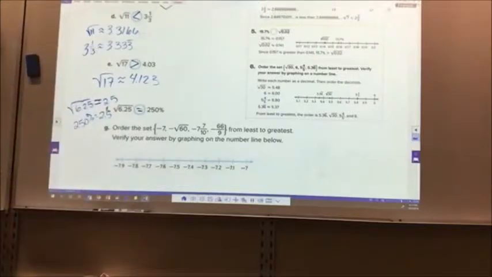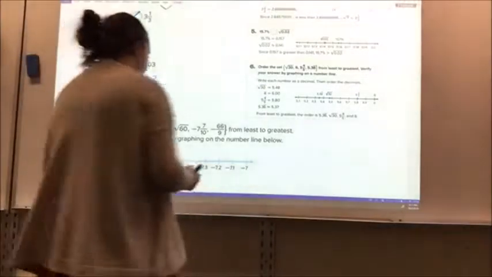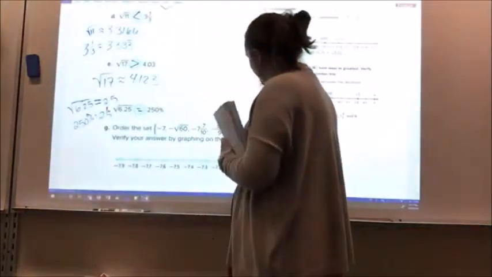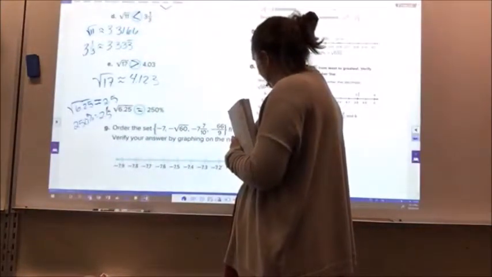For letter G, it says order the set -7, negative square root of 60, -7 7/10, -66 ninths, from least to greatest. Verify your answer by graphing on the number line. So -7, of course, is super easy to graph. I'm going to go ahead and graph that.